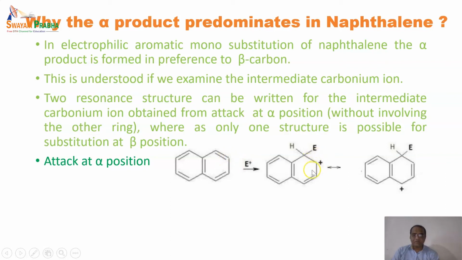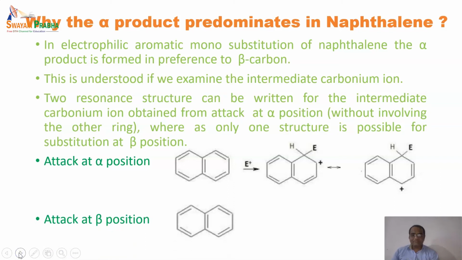Then the pi electrons are shifted towards the second and third carbon, and now the fourth carbon becomes electron deficient, as we have seen in the case of benzene also. If you remember, that shifting of electrons takes place to resonate the structures and to make the structure stable.